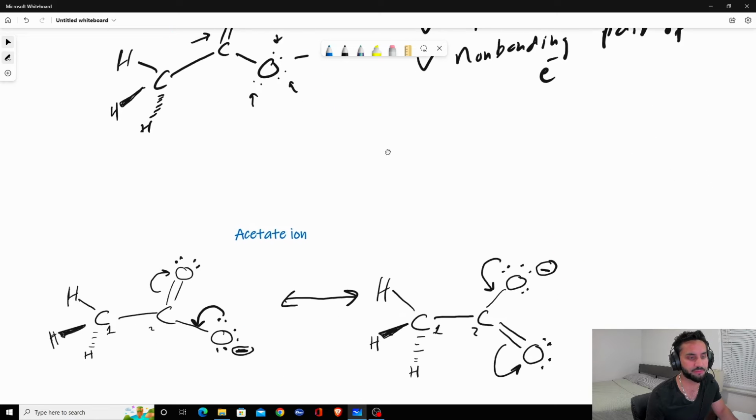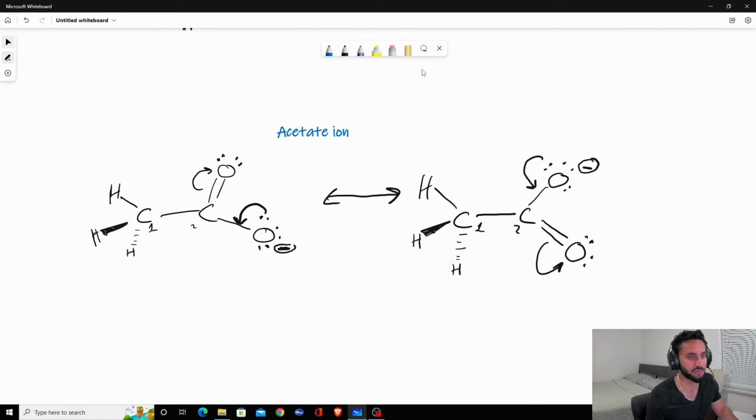So what does a resonance structure look like for this molecule over here? Let me show you. So it looks like there are two resonance structures for acetate ion, and the way we show resonance is by arrows. As you can see, here's an arrow and here's an arrow. In the beginning, I also mentioned that we only focus on non-bonding pairs of electrons, which are these, and the pi system, which is right here.